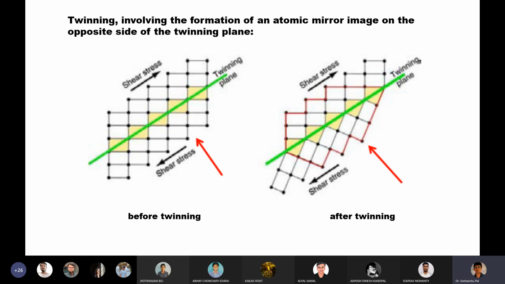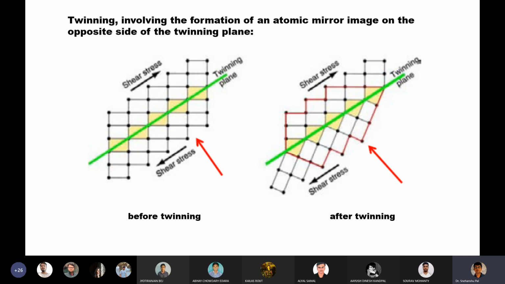Okay. Now we are going to understand twinning. What is the definition of twinning? In a textbook way, one or more parts of a particular crystal are regularly arranged and are in reverse position with reference to other parts. The newly formed part, the twin crystal, is a mirror image of its parent crystal.